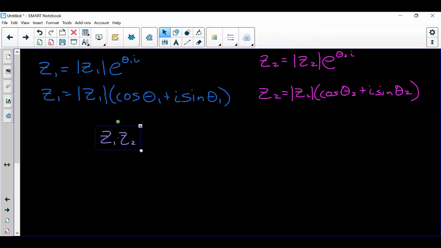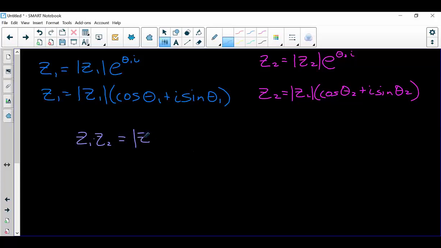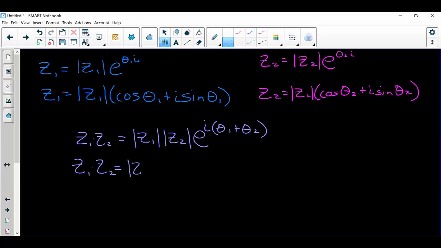That is equal to the magnitude of Z1 times the magnitude of Z2 times e to the i theta 1 plus theta 2. That's exponential form. Then there's polar form. This is just me summarizing now.